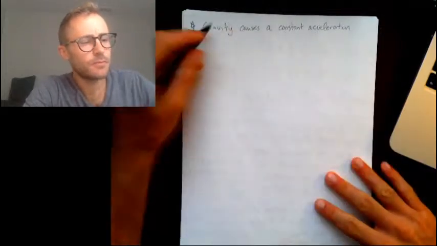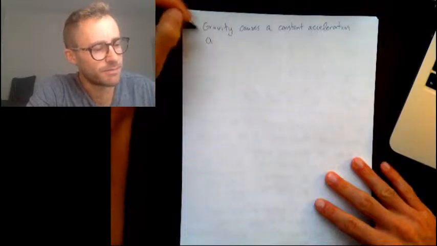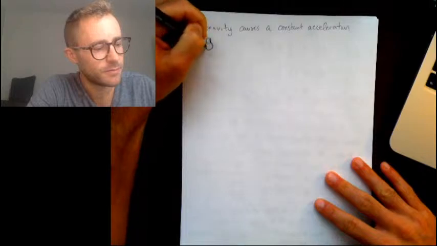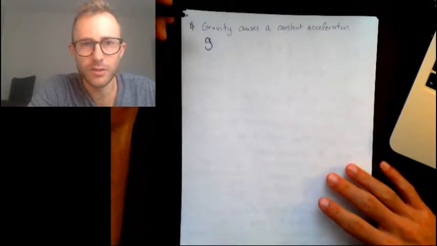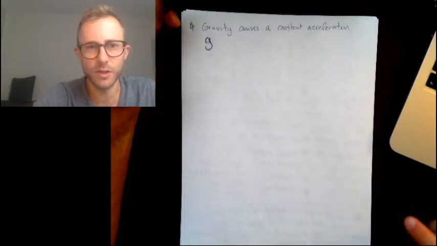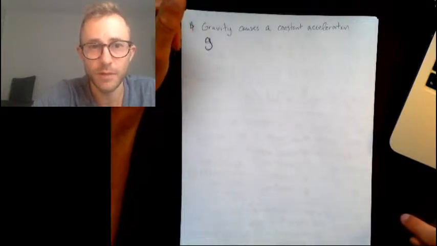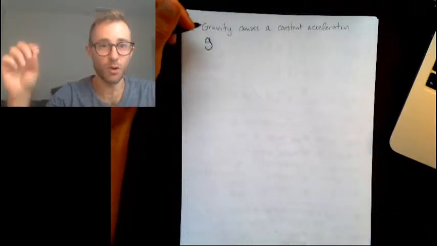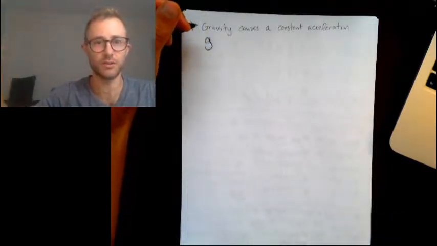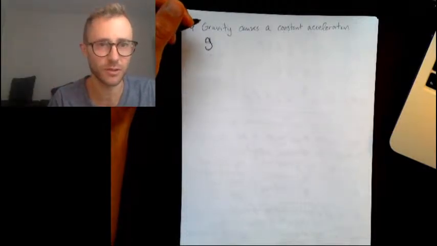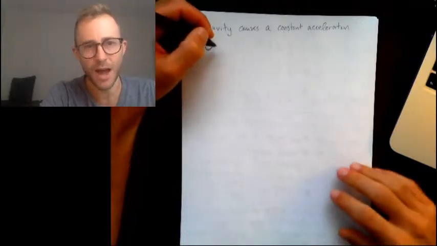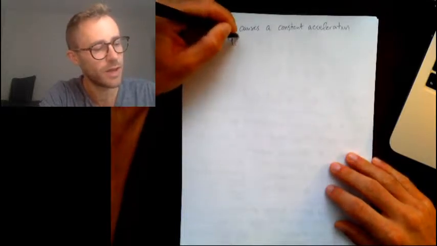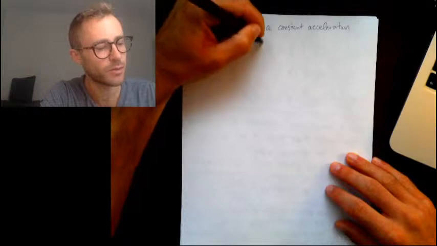The value of that acceleration is called g. And the value of the gravitational acceleration depends on where you are. So it's not necessarily perfectly constant, but for all intents and purposes, it's constant. The global average for the gravitational acceleration is 9.81 meters per second squared.